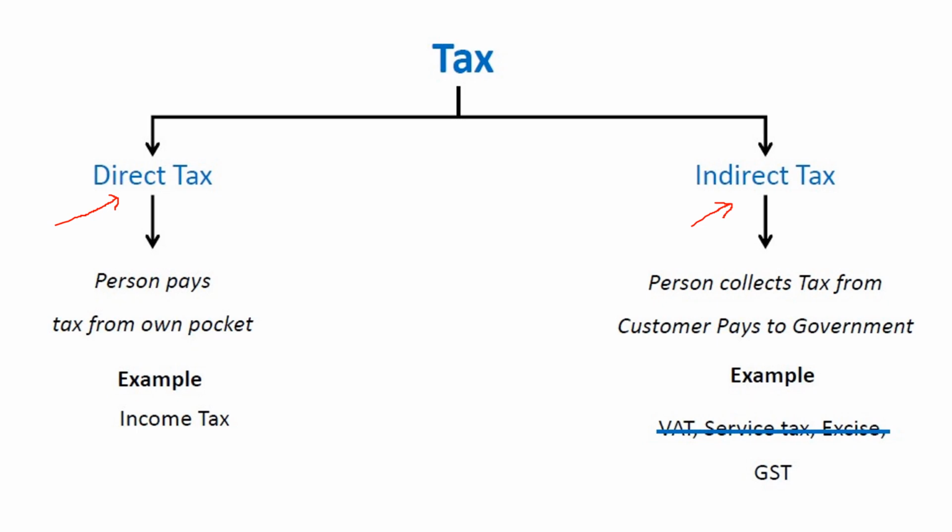A person pays tax from his own pocket, from his income, and whatever. Okay, for example, income tax. If a person is gaining some income, the government is levying taxes on that income, right?